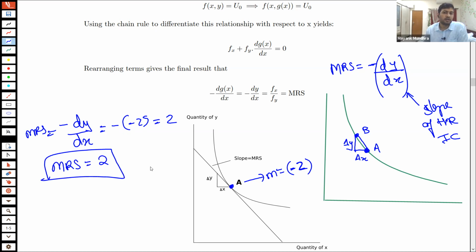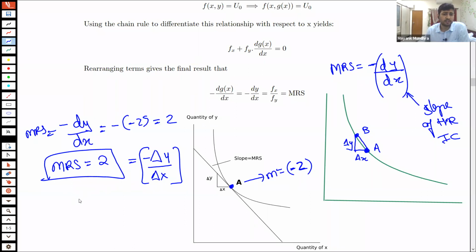All right. Now MRS is really the change in amount of good y upon the change in amount of good x. Always remember MRS as minus delta y by delta x. Let's say the change in quantity is very small.